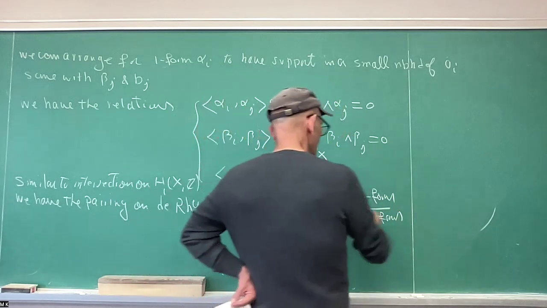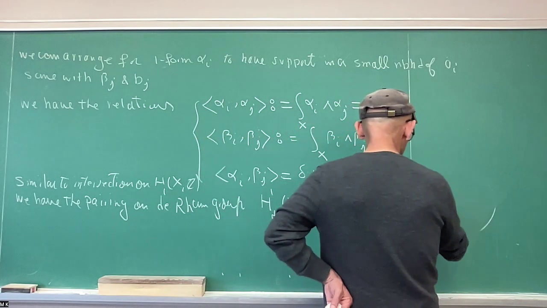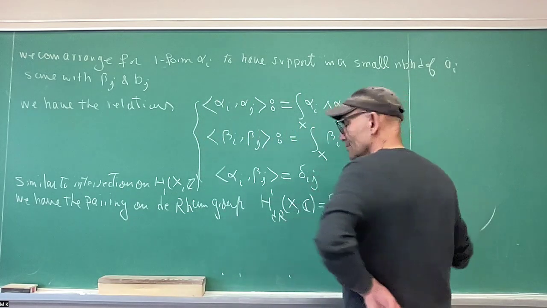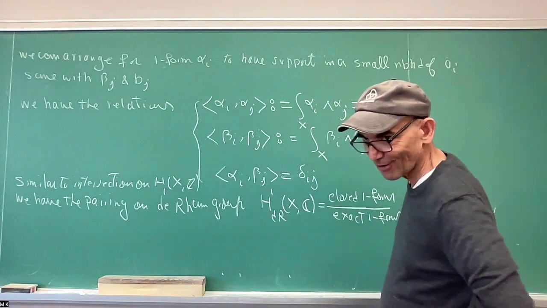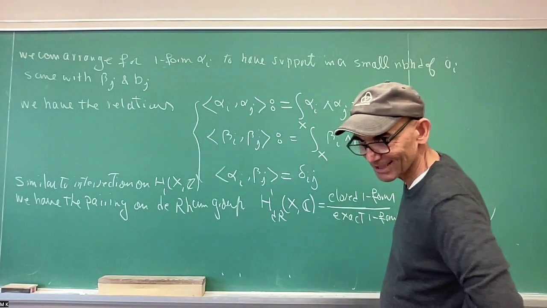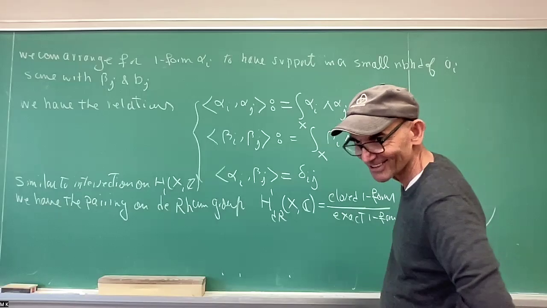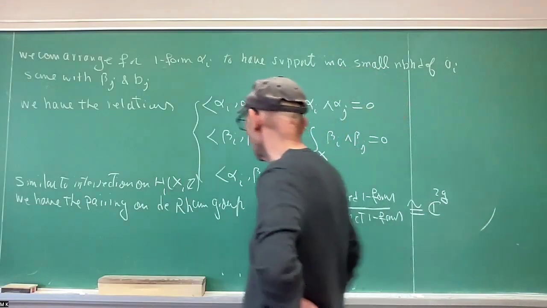And of course, in this case, we know that this is isomorphic to C to the power 2G. This is exactly like the complexification of singular homology. It goes hand in hand with that.